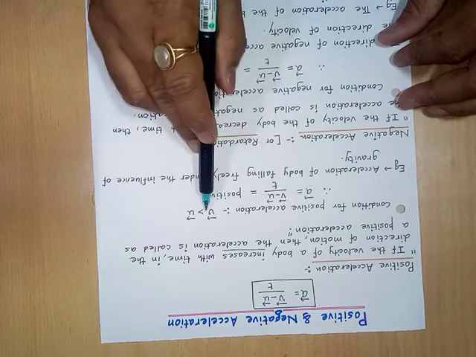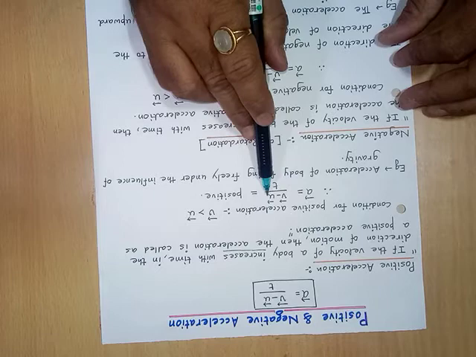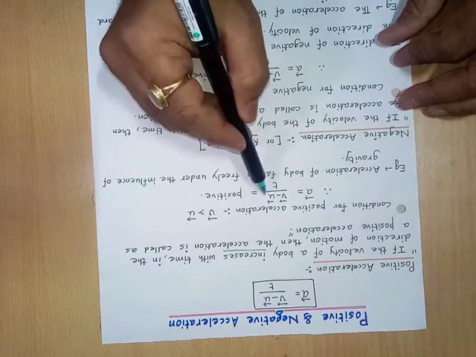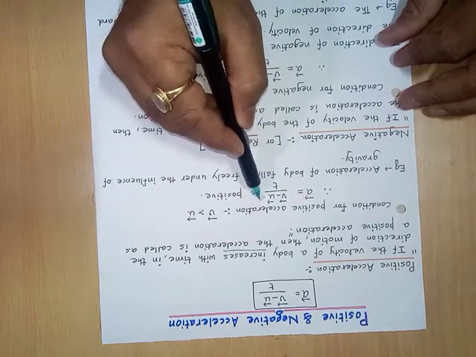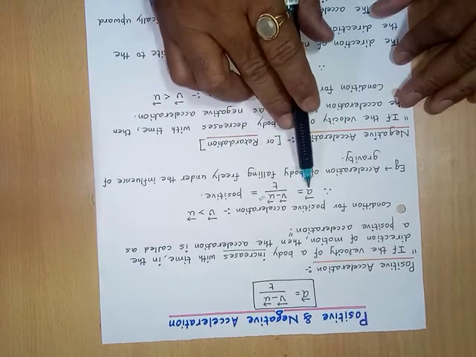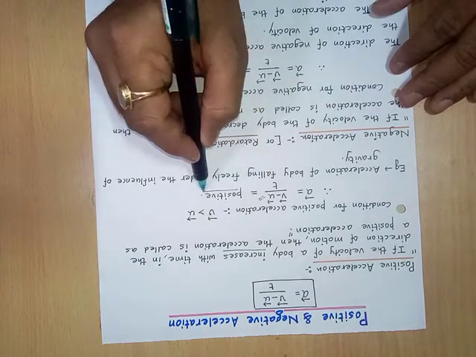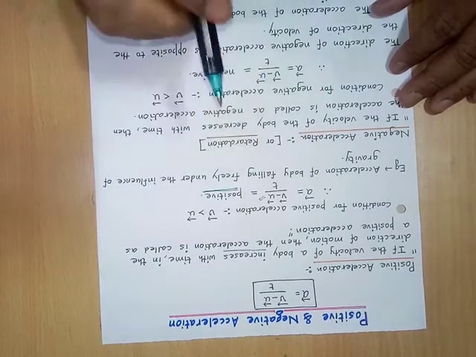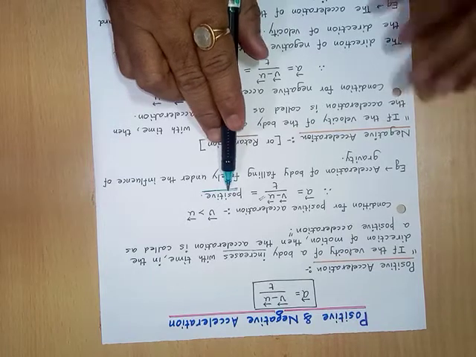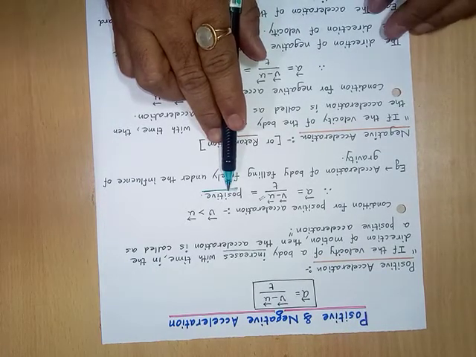If you apply this condition in this formula, since v is greater than u, the quantity in the numerator, v minus u, will definitely be positive. So the acceleration which comes out is definitely a positive quantity. That's why this acceleration is called positive acceleration.